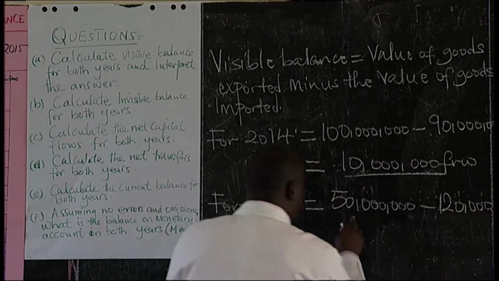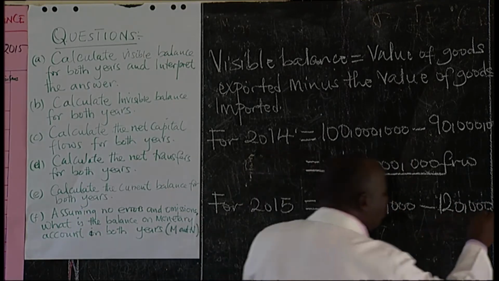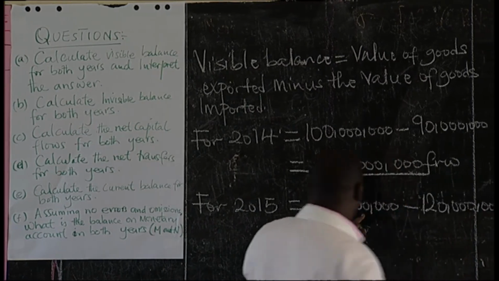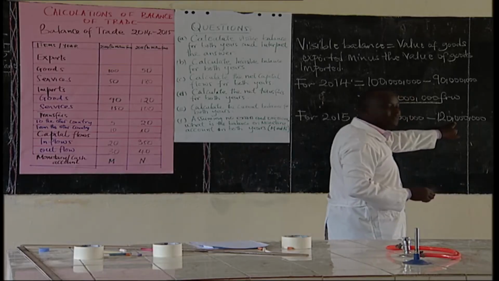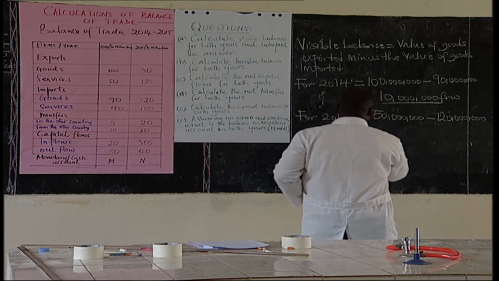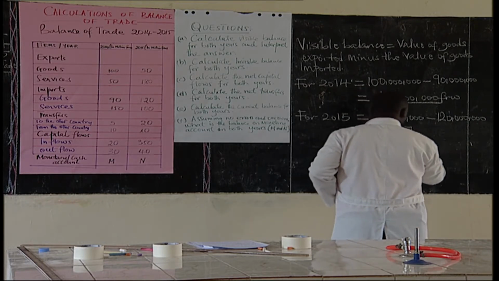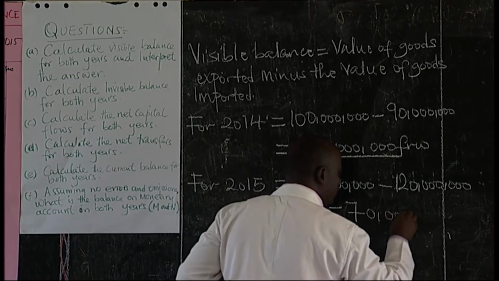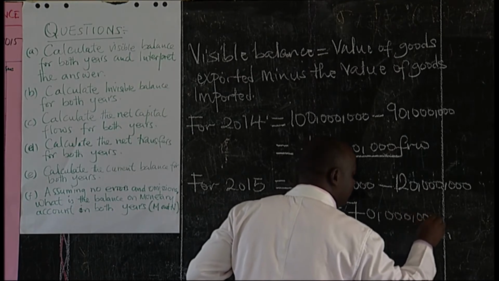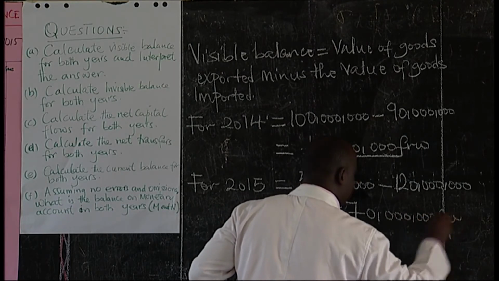Now, if you get 50 million minus 120 million, this is a small figure. We shall get negative 70 million francs.